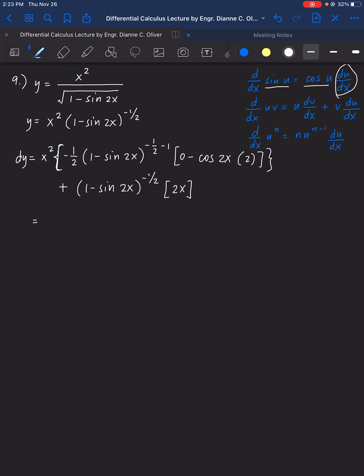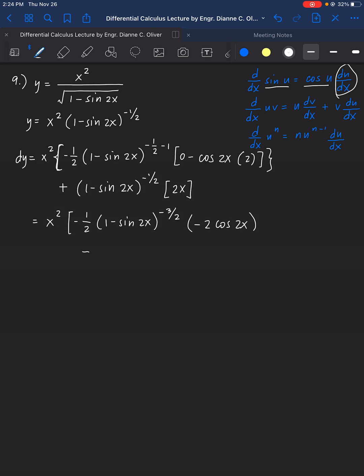Okay, that is equal to, let's simplify this further. That is x raised to 2, and then this is negative 1/2, 1 minus sine 2x raised to negative 3/2, and then we have there negative 2 cosine 2x. Again, we will not multiply this with the angle. Okay, so I think we haven't forgotten anything here.